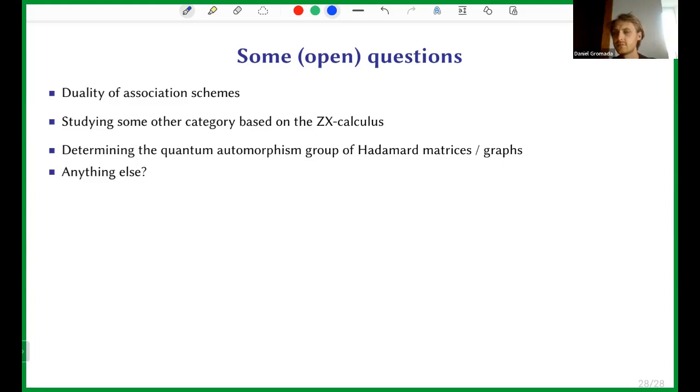And you can construct also quantum Hadamard matrices on quantum spaces. And again, you can extend this result in this direction. So then not only all Hadamard matrices, but also all quantum Hadamard matrices of a given size are mutually quantum isomorphic.